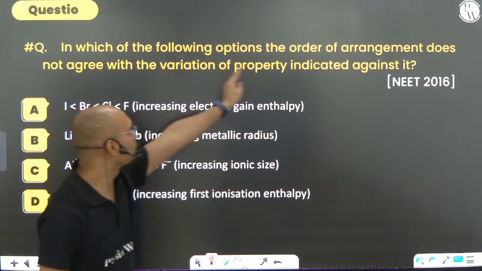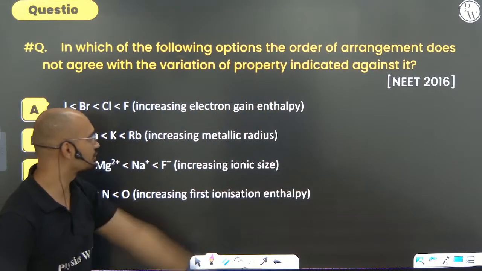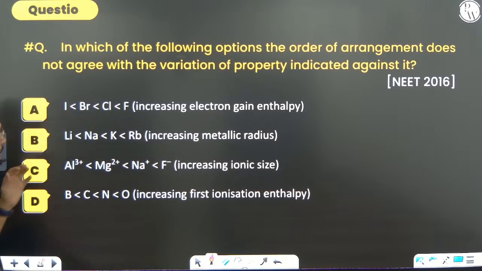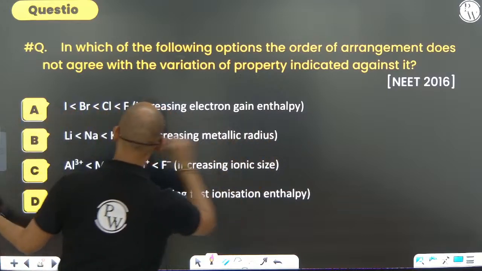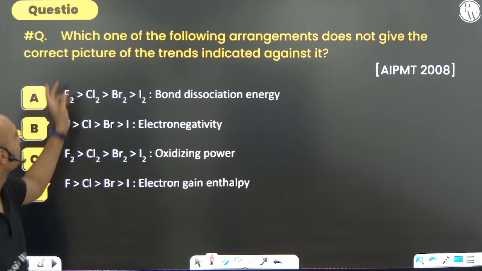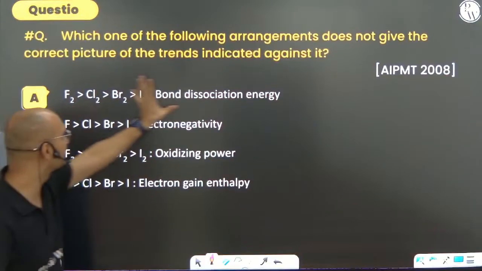In which of the following options does the order of arrangement not agree with the variation of the property? I, Br, Cl, F in increasing electron gain enthalpy. No, it is correct. So A is the correct one. Next, which of the following arrangements does not give the correct picture of the trends indicated?